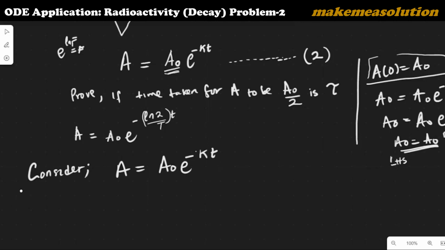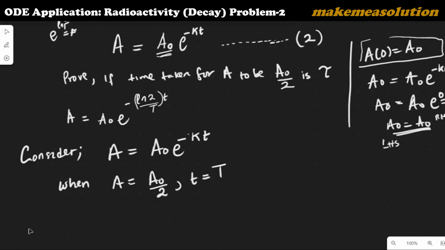So you're considering it. They're trying to tell me that when a is equal to a naught over 2, the value of t is equal to t, like this. Are we together? According to this particular statement over here, when a is a naught over 2, t is equal to t.